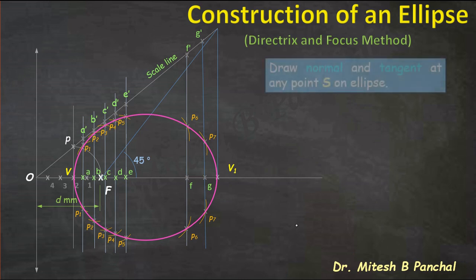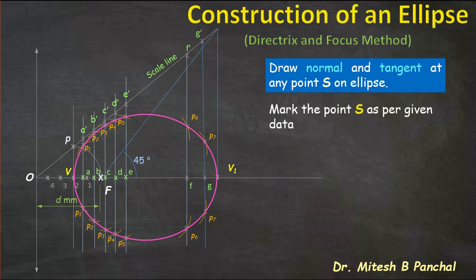Now we will see how to draw normal and tangent at any point S on ellipse for this particular method. Consider point S as per given data. The procedure to draw a normal and tangent at any given point on an ellipse for this particular method is common.